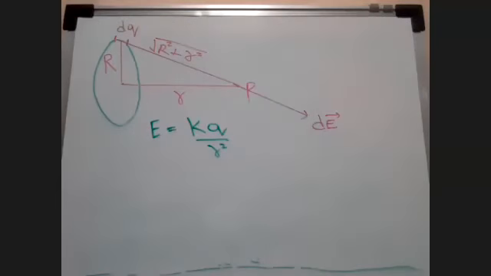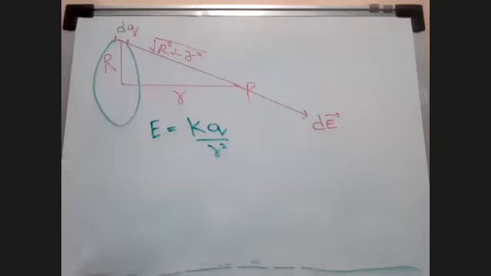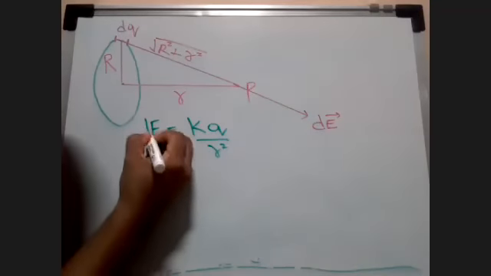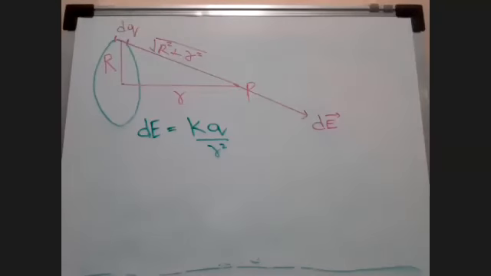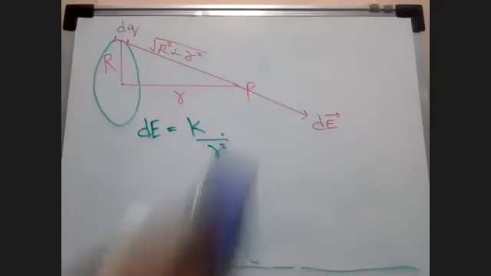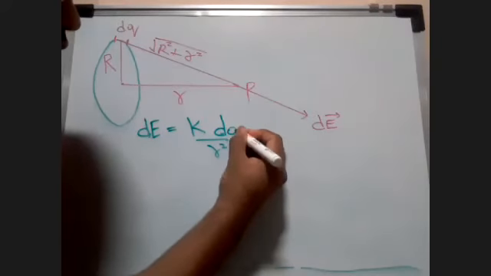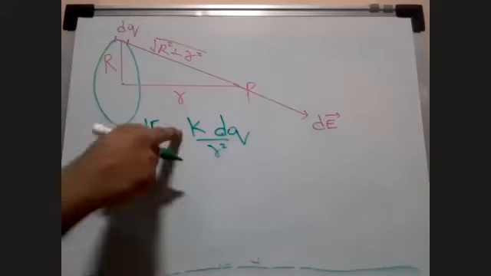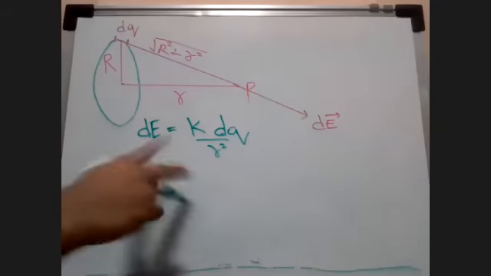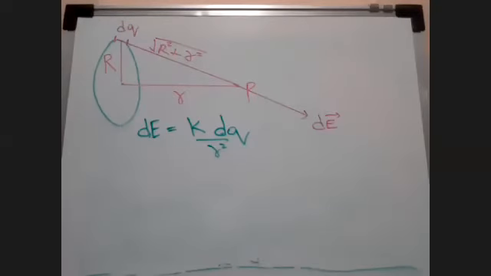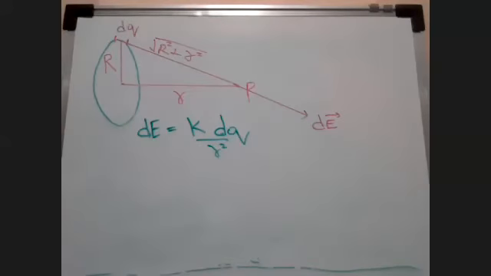Now if you're considering dq and dE, it will be the differentiation of this electric field intensity, which will be dq, because k is constant and r is constant. Anyway, you're going to differentiate the variables. So dE is equal to k into dq upon r square.